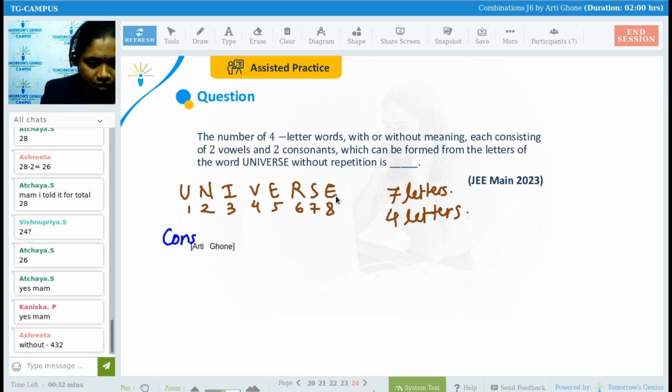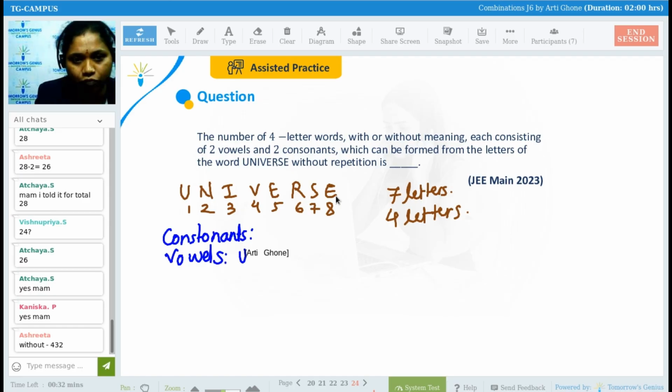How many consonants are there? U, N, I, V, E, R, S, E. U is a vowel. N is a consonant. Then I is a vowel. V is a consonant.